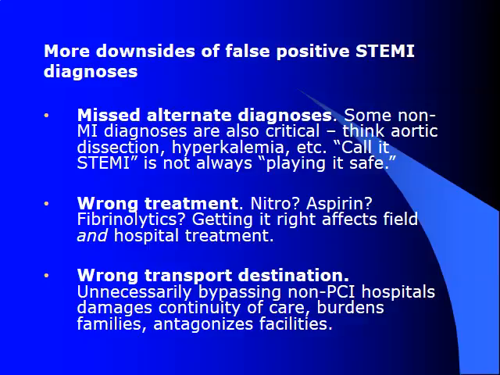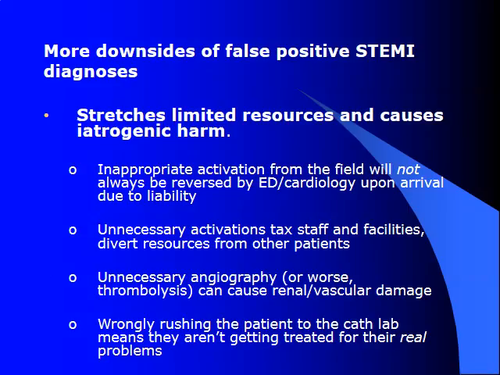It can also lead us to taking patients to the wrong destination. Unnecessarily bypassing hospitals that don't have a cath lab is going to damage our continuity of care, and it can irritate facilities as well. We can also stretch limited resources.